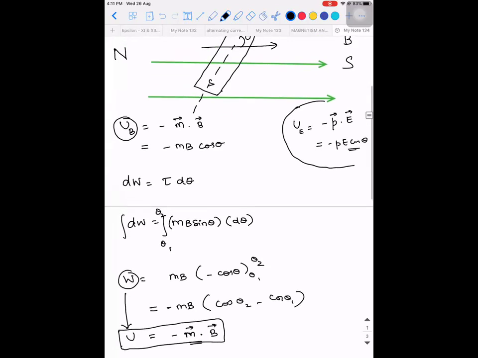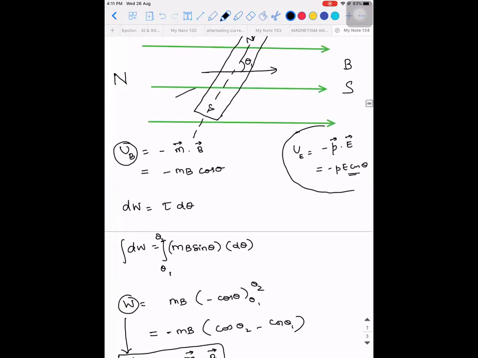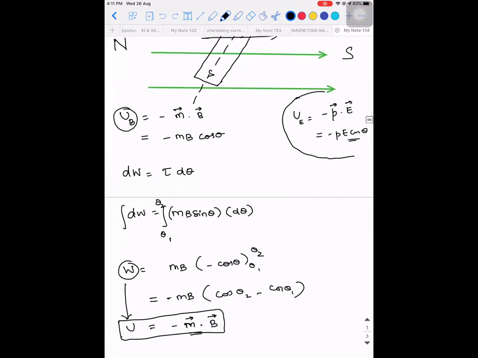Maybe after some time the dipole is making an angle theta 2, something like this. So I'm changing from initial to final. Shall we move on? Yes, sir.